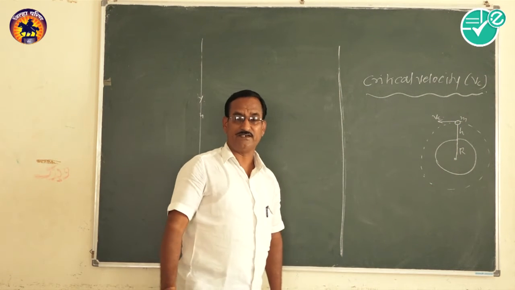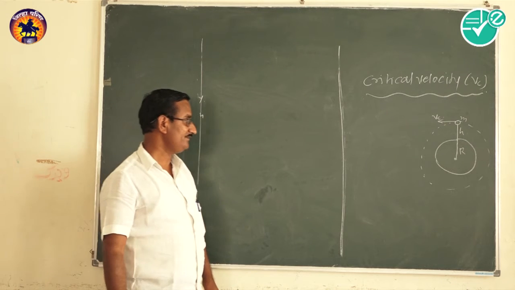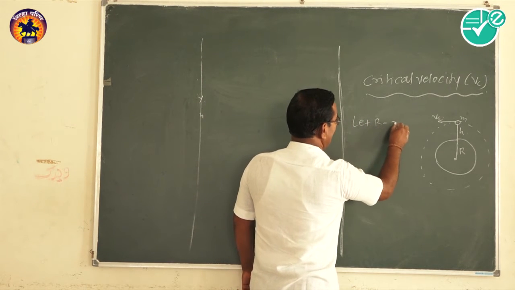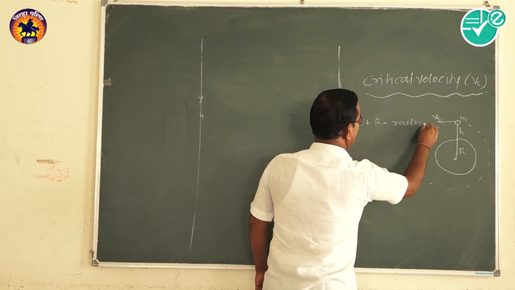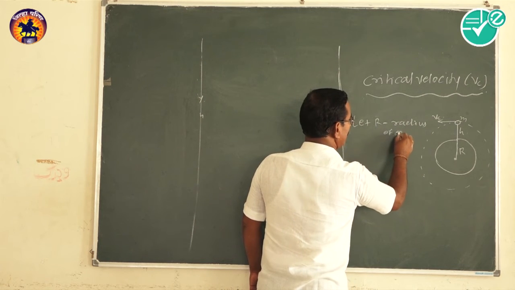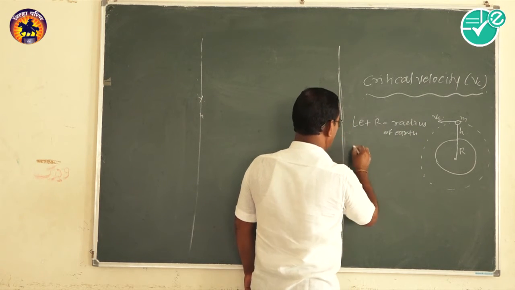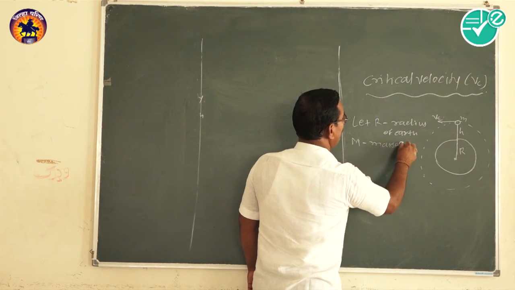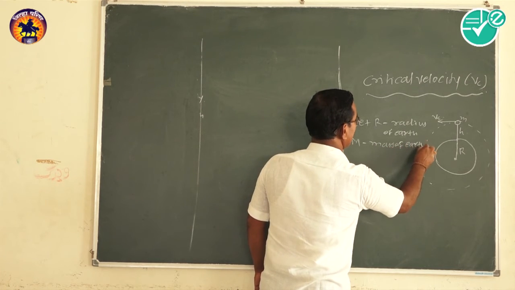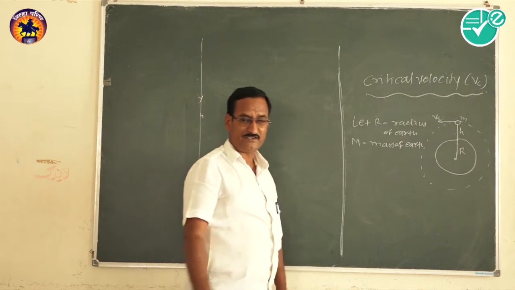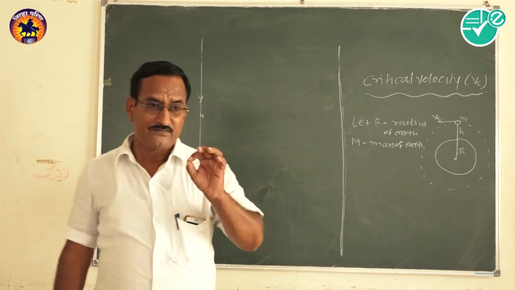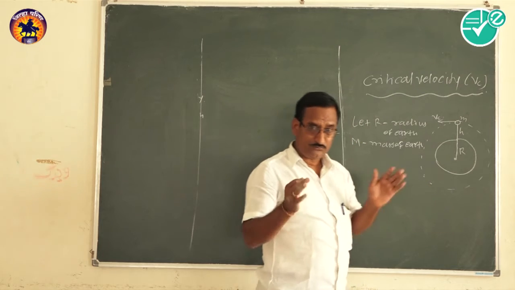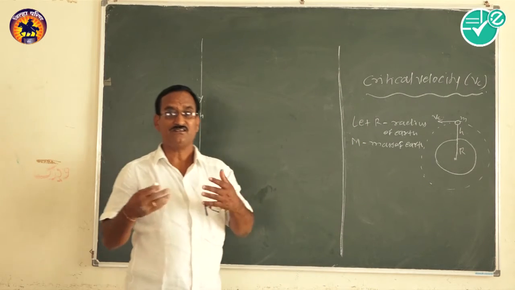Let capital R be the radius of Earth and capital M the mass of Earth. Then the satellite and Earth are attracted towards each other with a force.